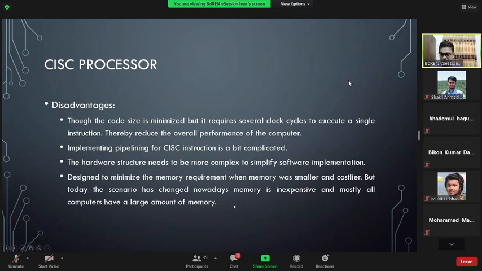I told you that whenever it was invented, the technology was in one position, but now the technology has shifted. That's why I said the last one is the most significant. When the CISC processor was designed, in the 1970s or 80s, the memory was too small.